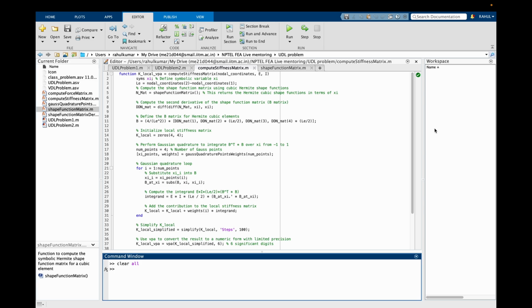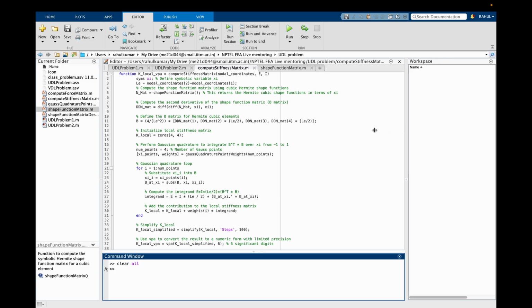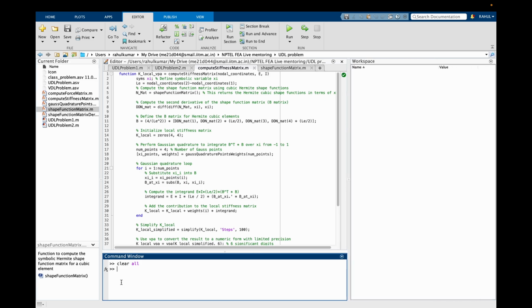Suppose I want to see. Because it is in symbolic form, first I have to initialize syms, that is EI and Le. Okay, it has initialized.